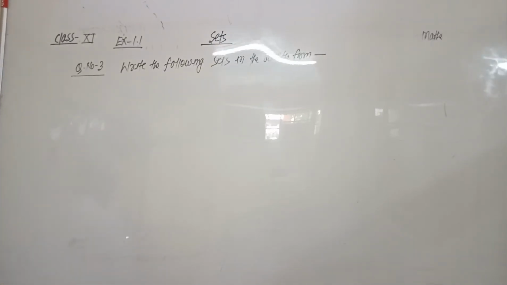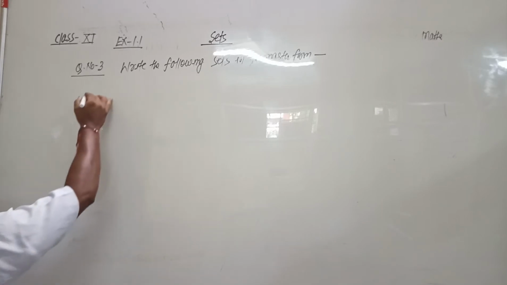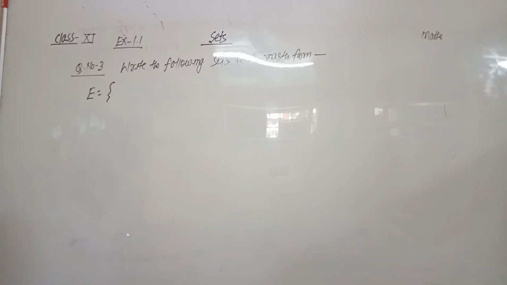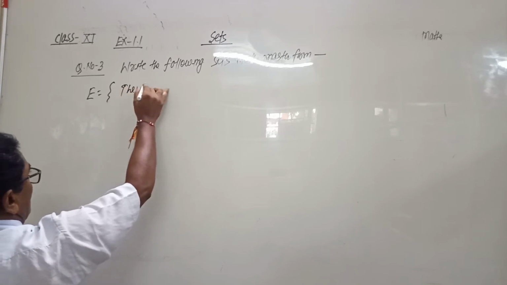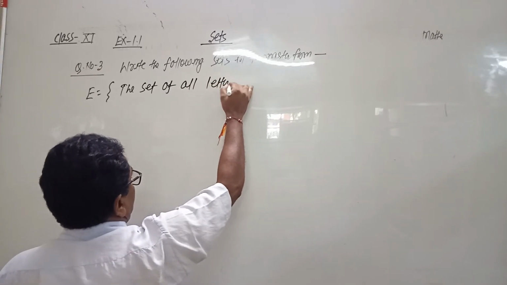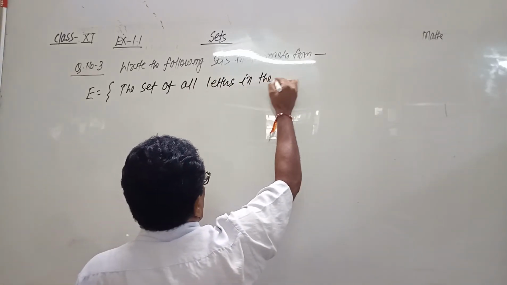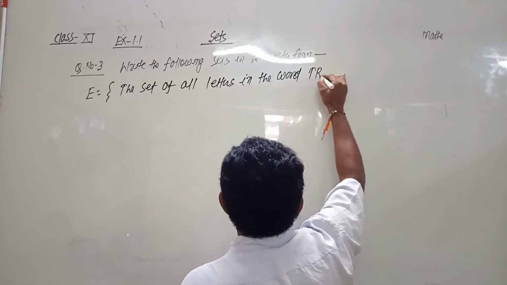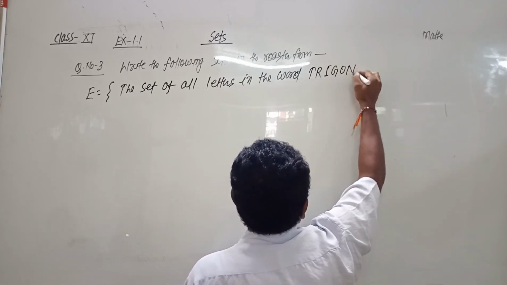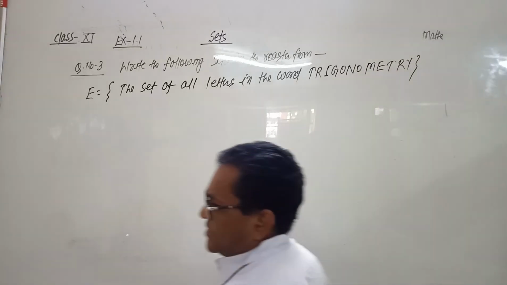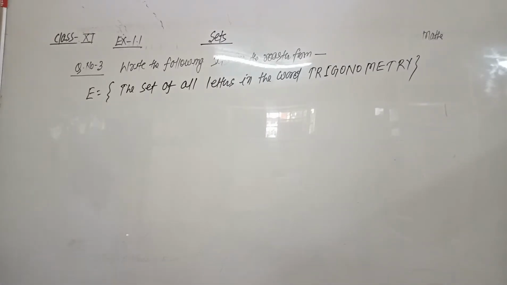Then the next part. Fifth, E equals to the set of all letters in the word trigonometry.